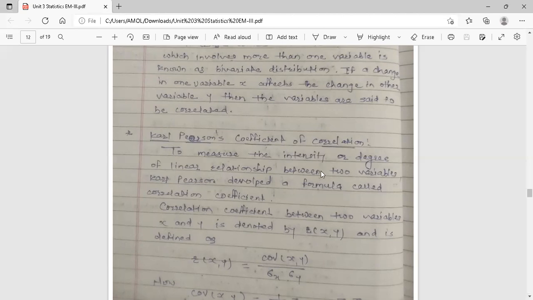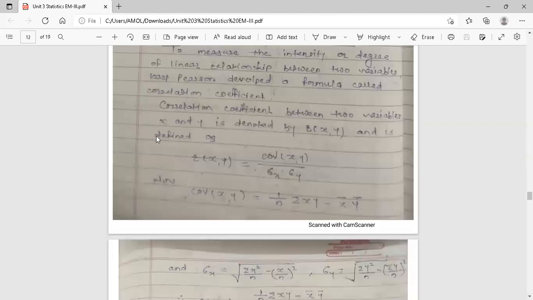To measure the intensity or degree of linear relationship between two variables, Karl Pearson developed a formula called the correlation coefficient. The correlation coefficient between two variables x and y is defined as follows. The notation for the coefficient of correlation is small r.